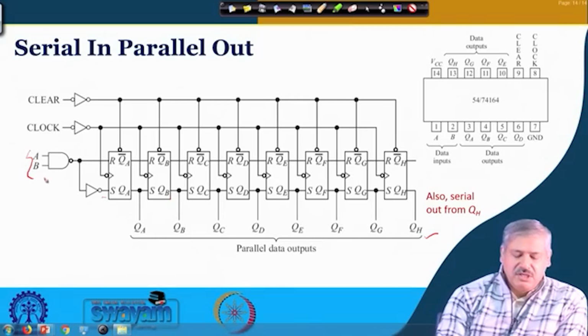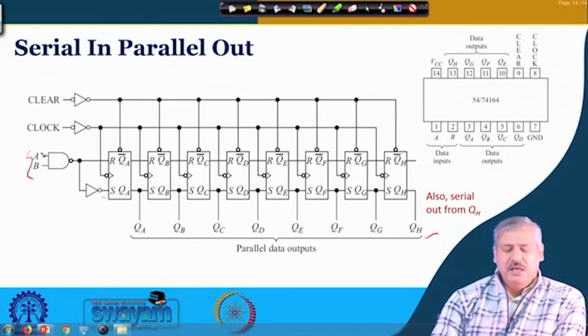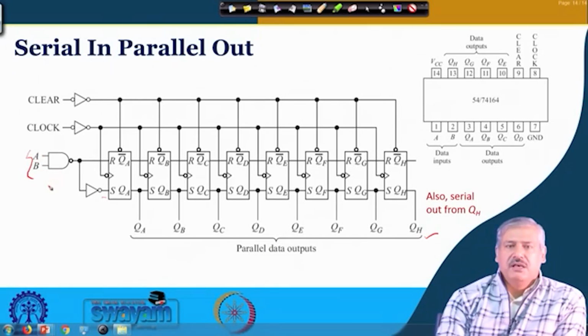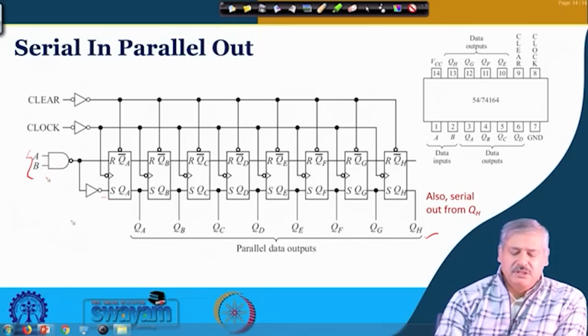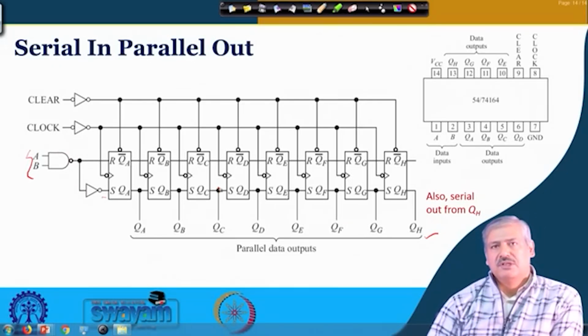When B is 1, say the control input is 1, then whatever is the value of A, the data that you want to put in the registers, this group of flip flops, that will be passed through A, and we will get to those flip flops through clock trigger.